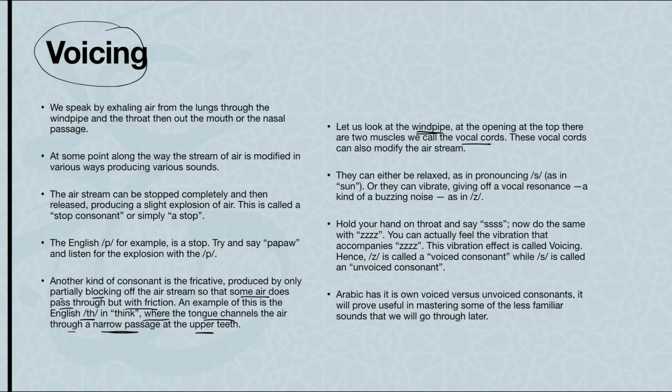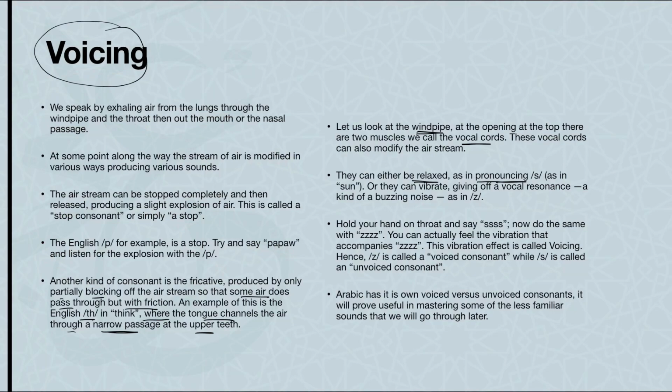The vocal cords are basically just two tiny muscles that open and close to modify the stream of air. Now they can be relaxed, as in the way you pronounce the sound s, s, s. When you pronounce the letter S, that s sound, there's nothing happening in your voice box. The sound is purely coming from between your teeth.